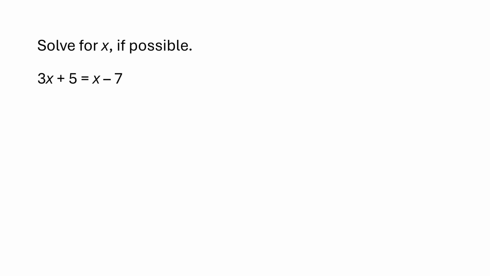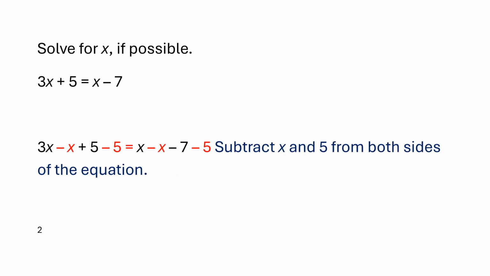Now we'll have a little different twist. We're going to solve for x, if possible, where x appears on both sides of the equation. We have 3x plus 5 equals x minus 7. We want to move all the x's to one side, so we're going to subtract this x. So 3x minus x, x minus x. And we'll move the constant the other way.